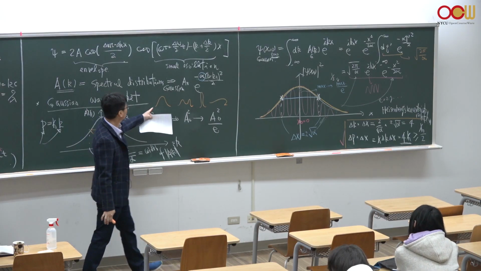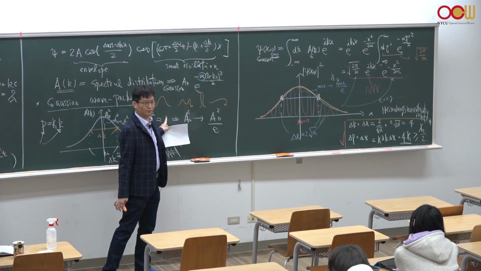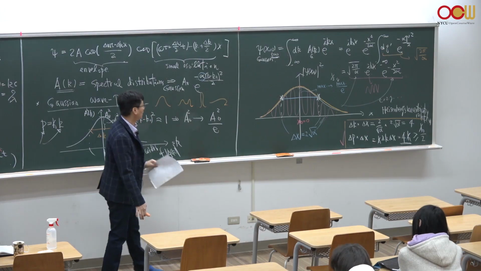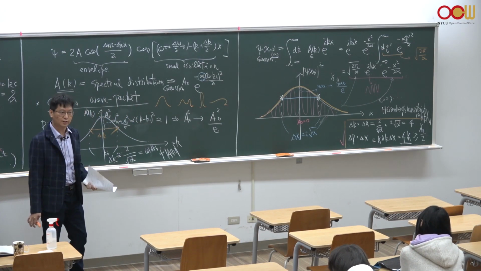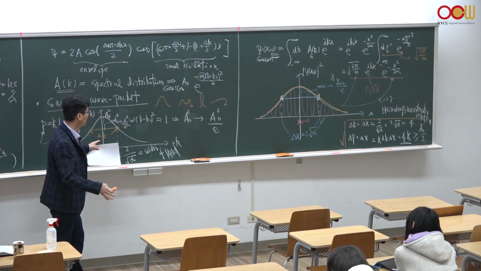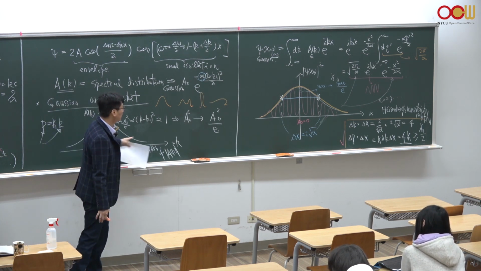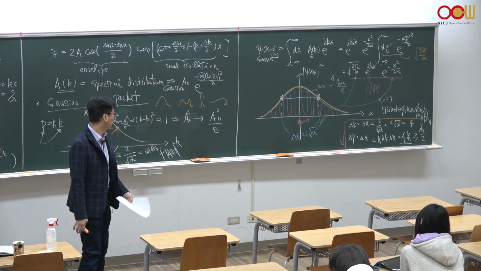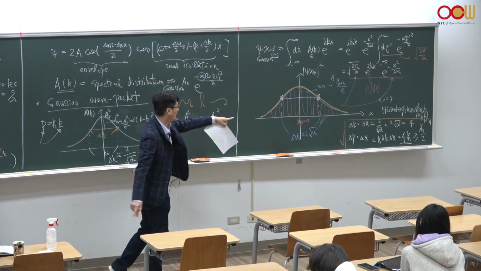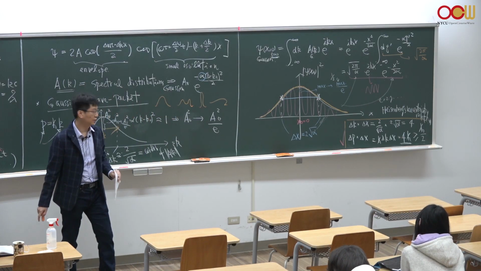But in any case, you can show that this Heisenberg uncertainty relation is always satisfied. This is just a specific example from the Gaussian wave packet, showing the correspondence between these two types of wave functions and the Heisenberg uncertainty relation.